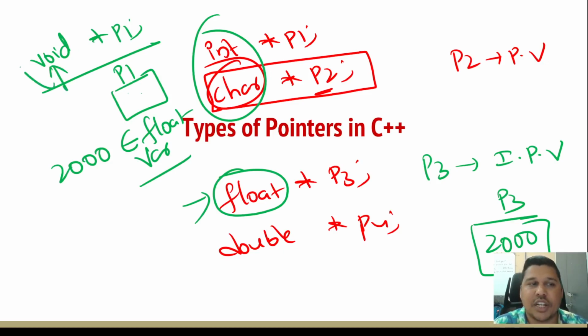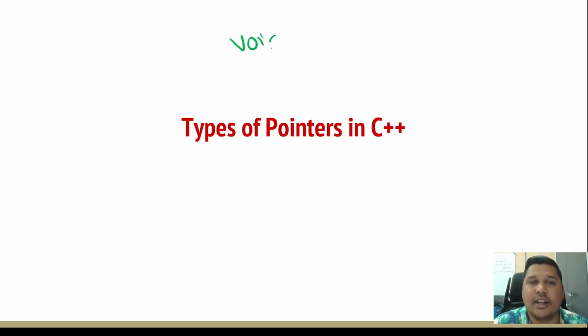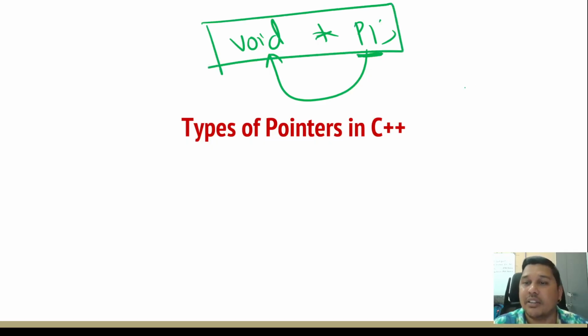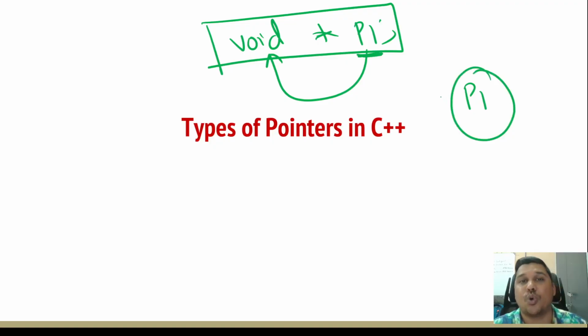This is the general meaning of a statement like this. Its meaning is p1 is a pointer variable, it can store address of this type of variable. But what do we have here? Void.